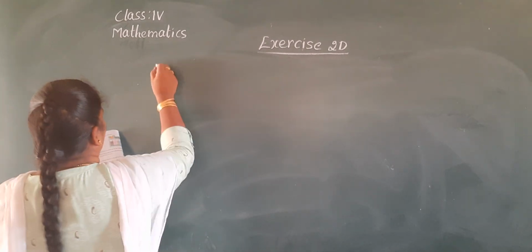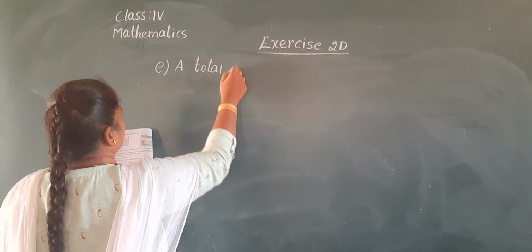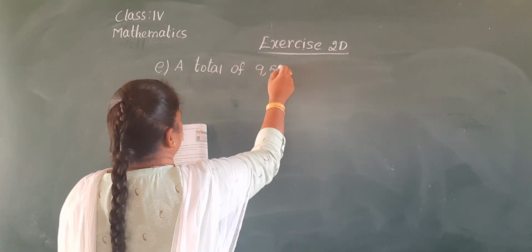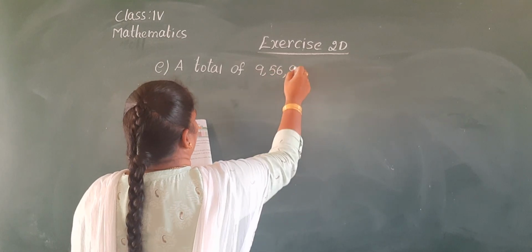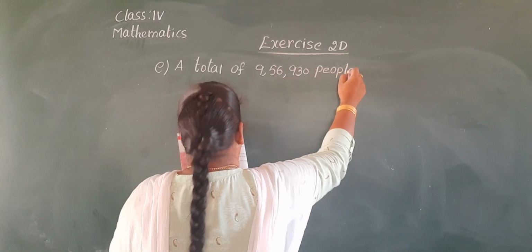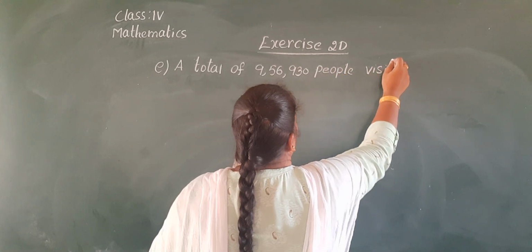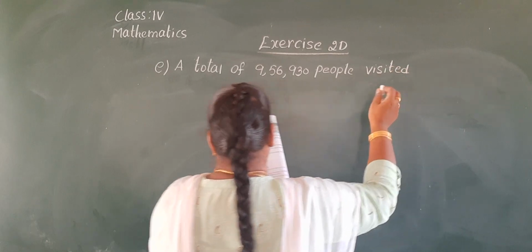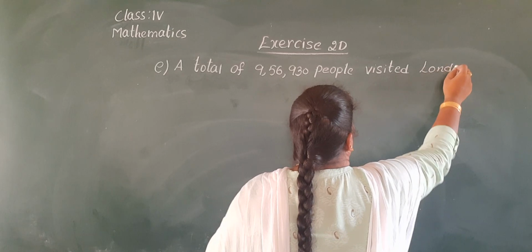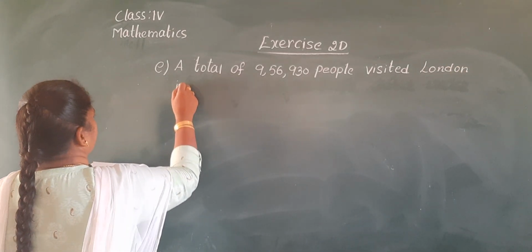A total of 9,56,930 people visited London in a year.